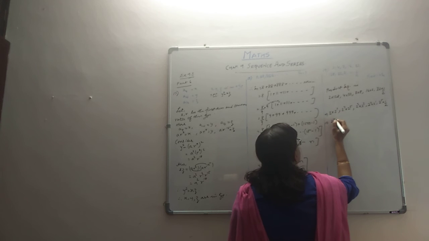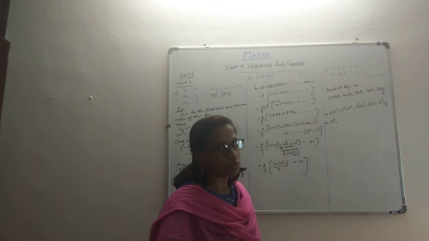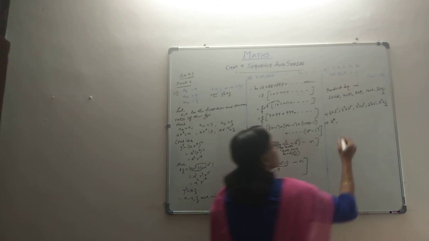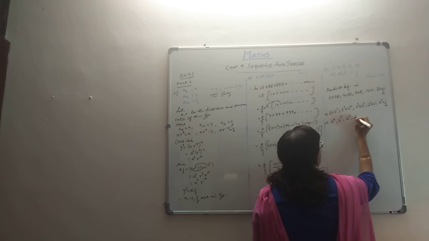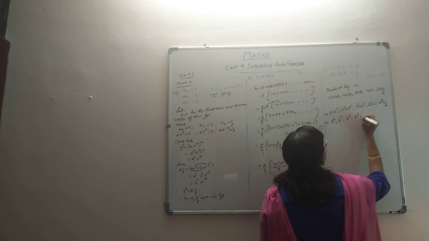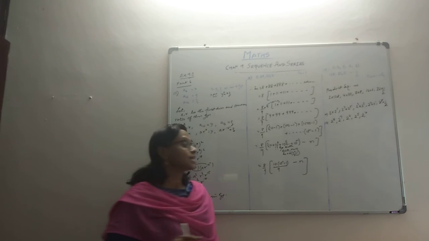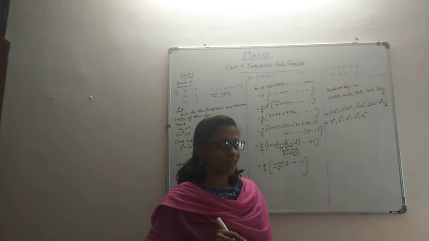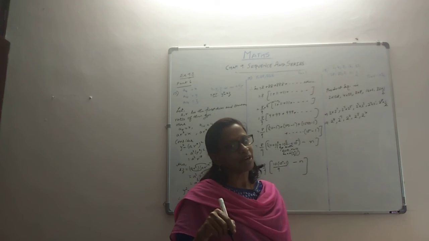A raised to m into a raised to n is a raised to m plus n. We are adding up the powers and that will become 2 raised to 8, then 2 raised to 7, 2 raised to 6, 2 raised to 5, and 2 raised to 4. So the resulting product sequence is actually a GP with first term 2 raised to 8 and the ratio being 1 by 2.